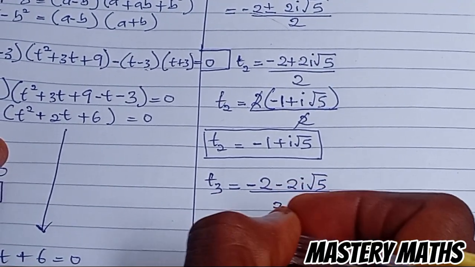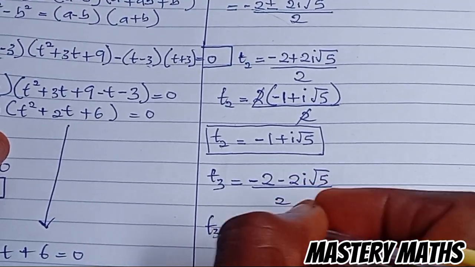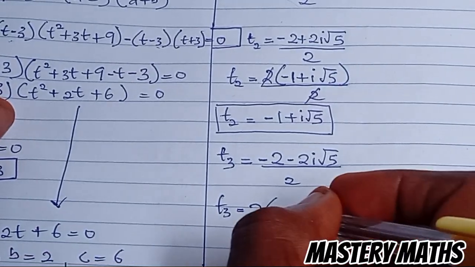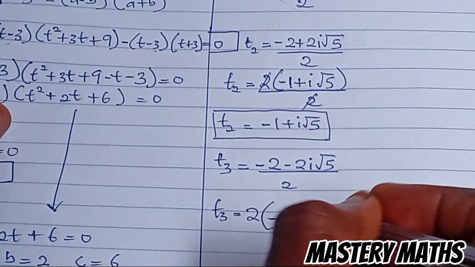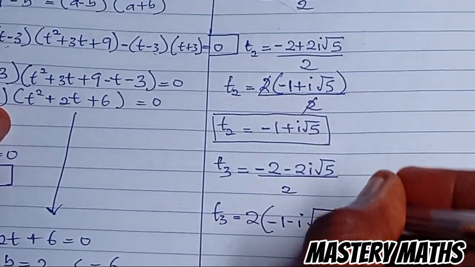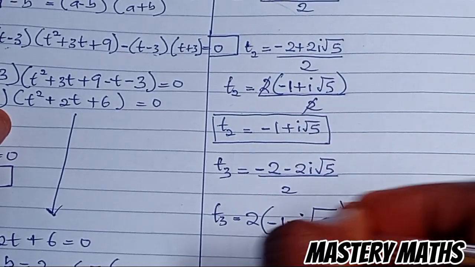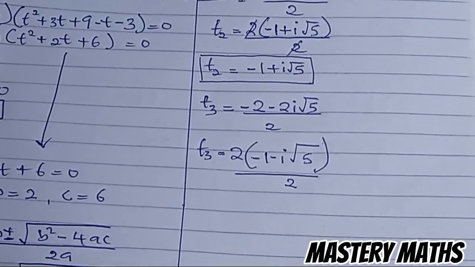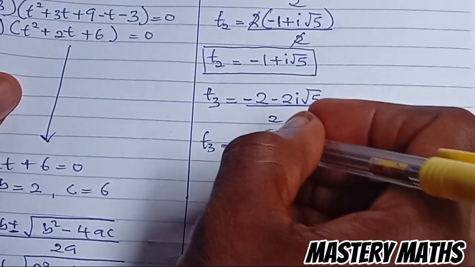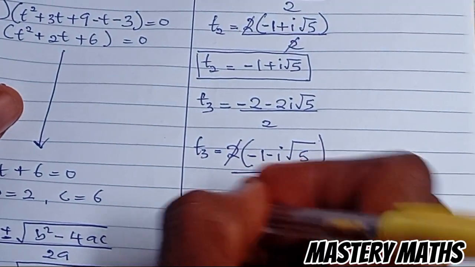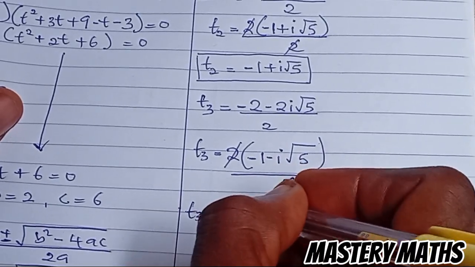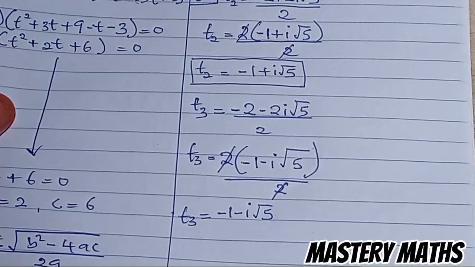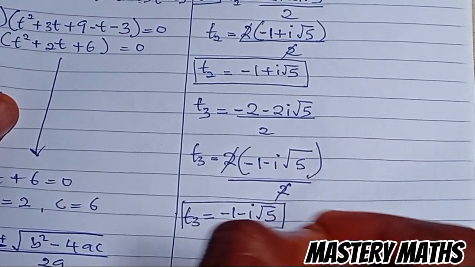The common factor for T3 is 2, open a bracket, which is minus 1 minus i root 5, over 2. Then when these 2 cancel out, what remains? You have your T3, which is equal to minus 1 minus i root 5. So this is for T3.